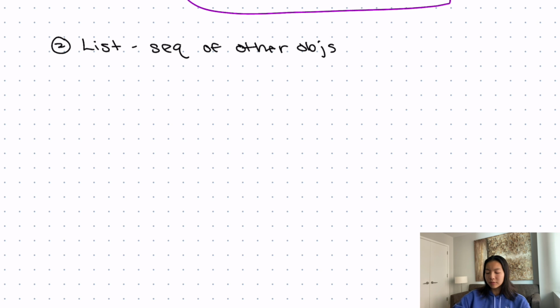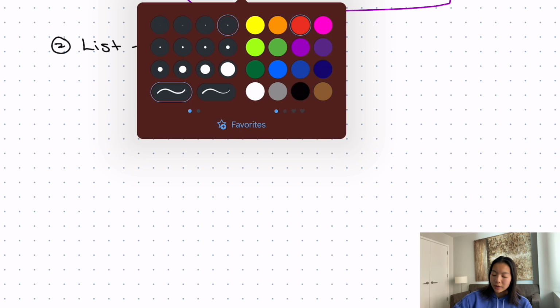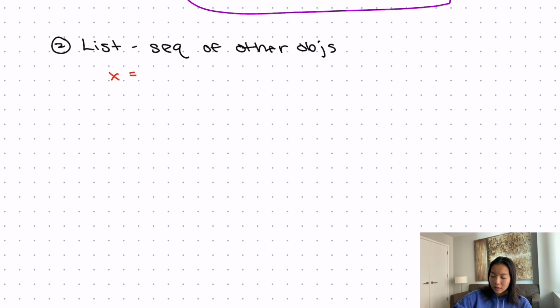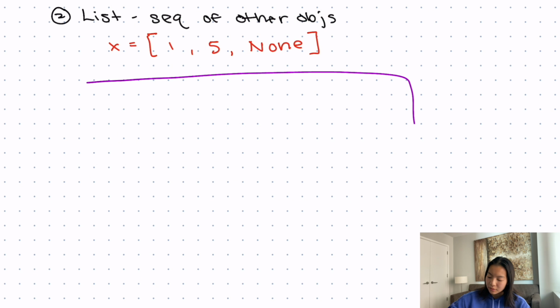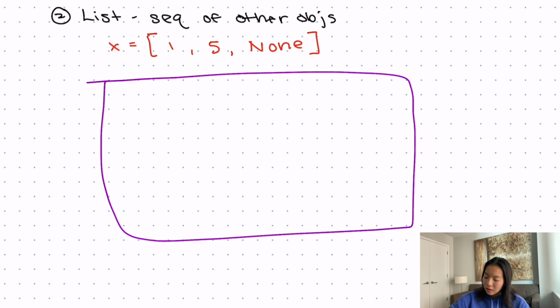And on the screen, we can tell that a list is a list because it has square brackets. So x equals 1, 5, and none, or something. Okay, so in our virtual computer world, let's draw that out. I have x, and I'm going to put this in square brackets.